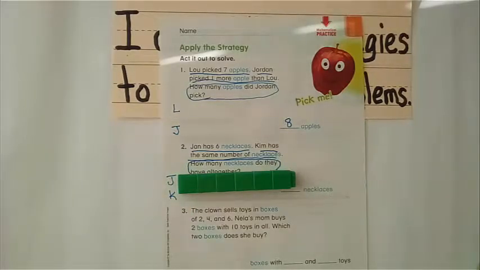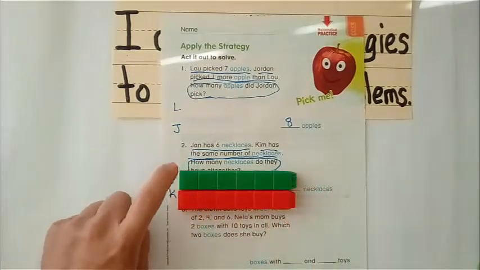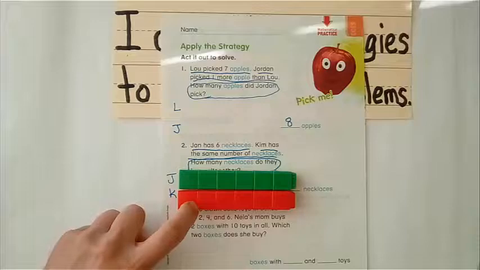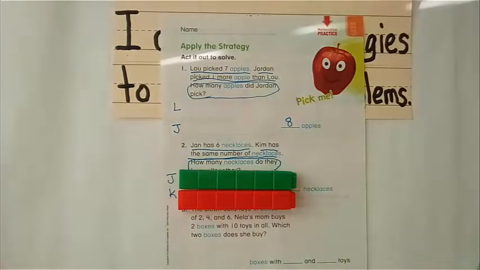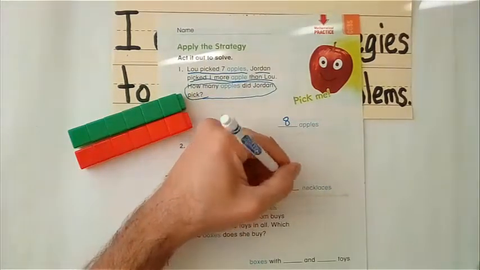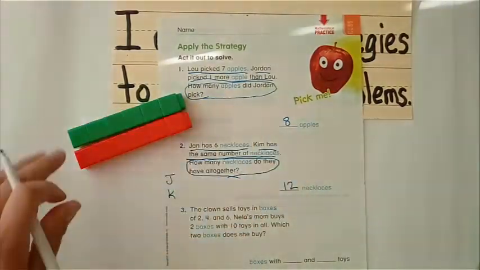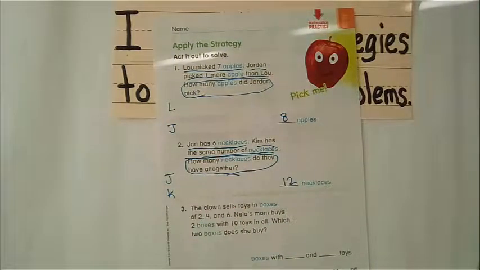That's right. 6. The same as Jan would be 6. So Jan has 6 and Kim has 6. How many necklaces do they have all together? That's right. 6 plus 6 is 12. So they have 12 necklaces all together. Great. Good job on using your doubles.